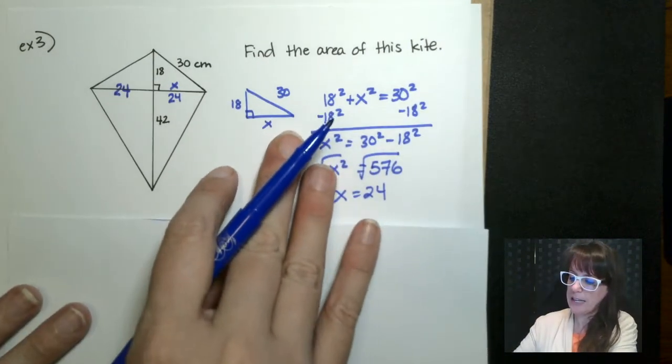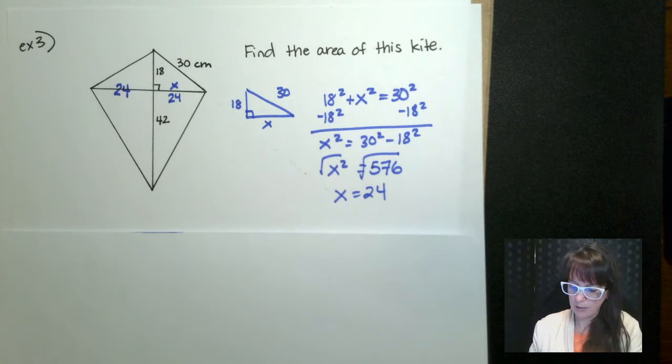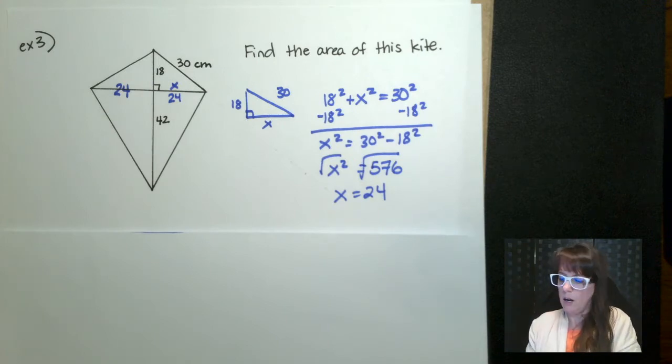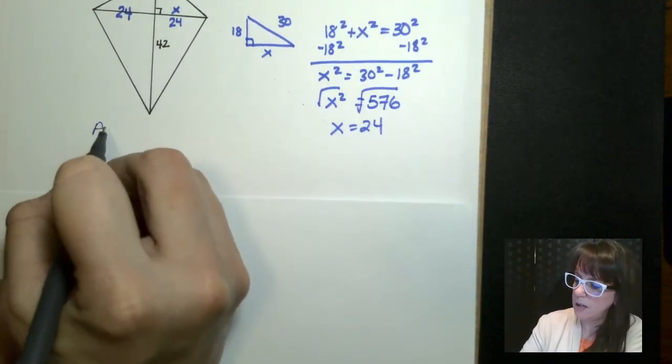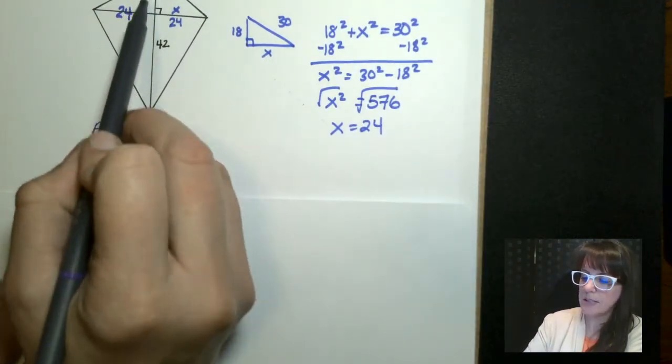So to find the area, we'll use a different color here. The area is going to equal this diagonal.